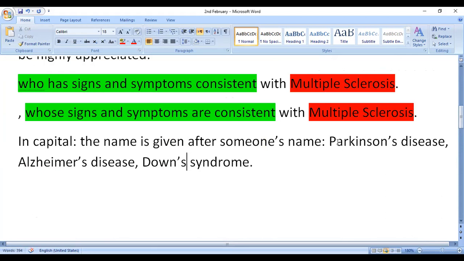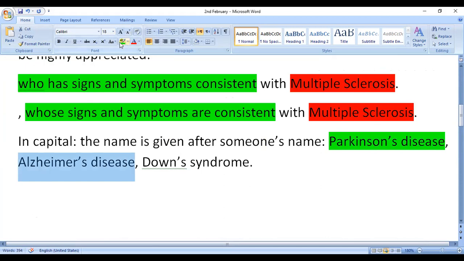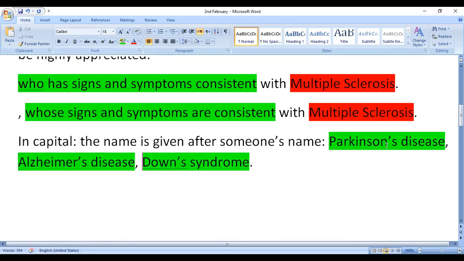So Parkinson's disease, just notice one thing that is very important. Only the first name is written in capital: Parkinson's is capital, Alzheimer's is capital, while disease and syndrome are written in small.